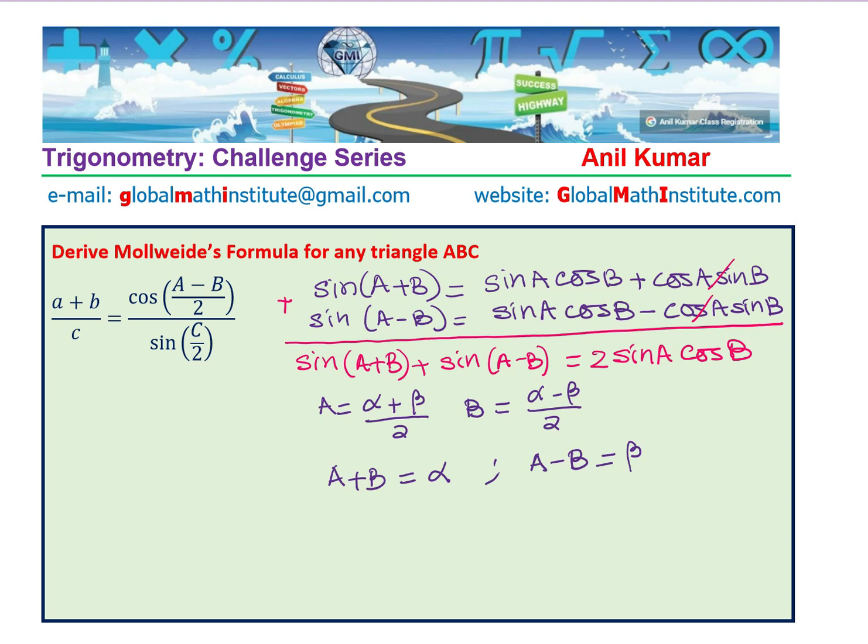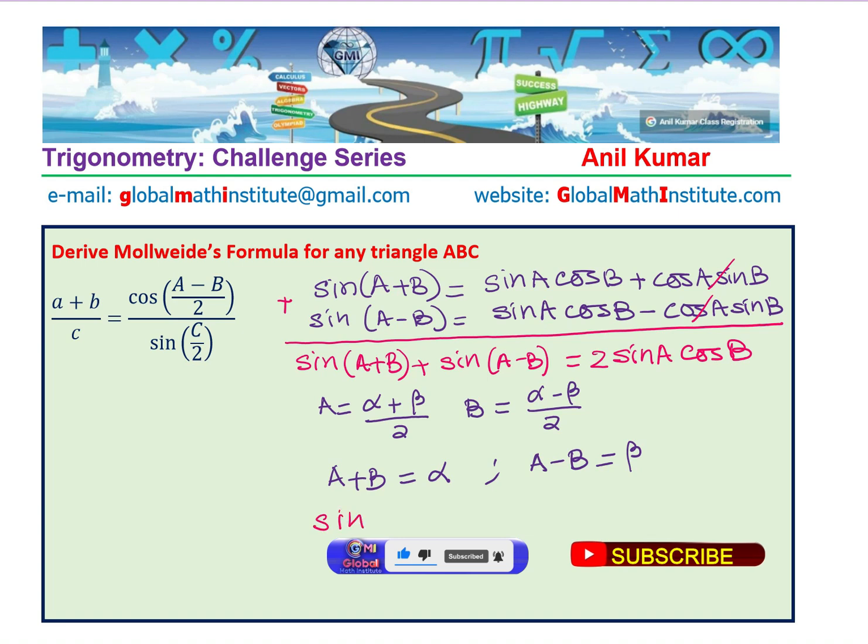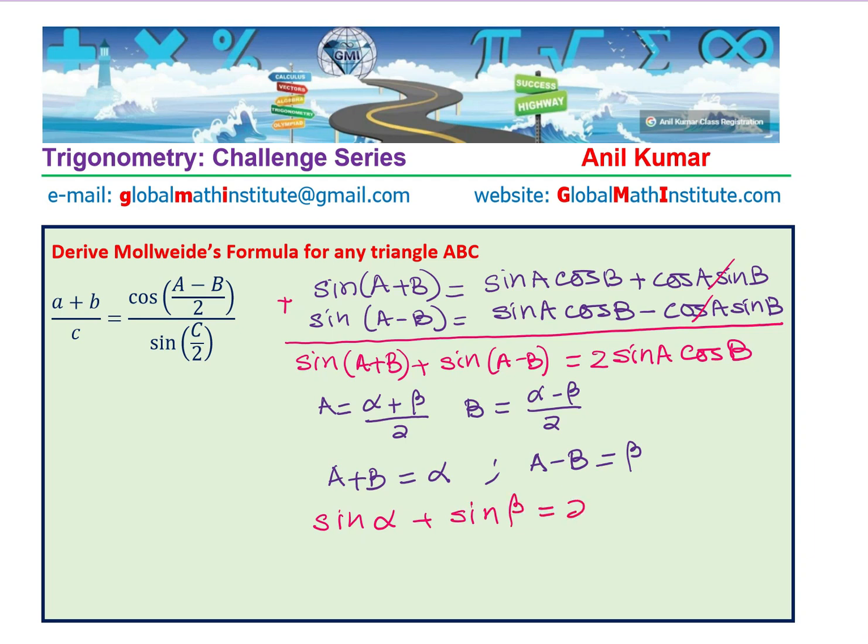So from here, we can replace A plus B with alpha. So we can say sine of alpha plus sine of beta equals 2 times sine of (alpha plus beta) by 2, and cos of (alpha minus beta) by 2.